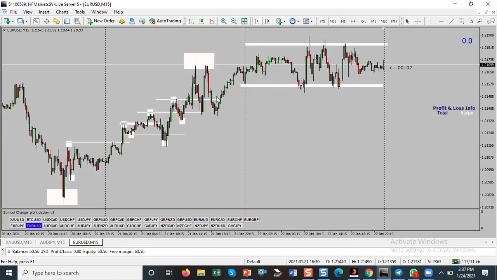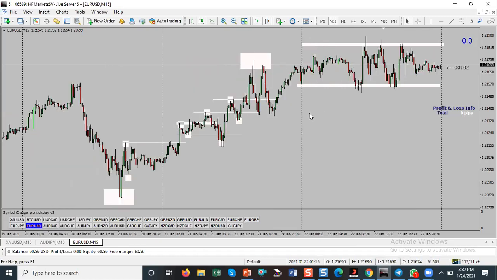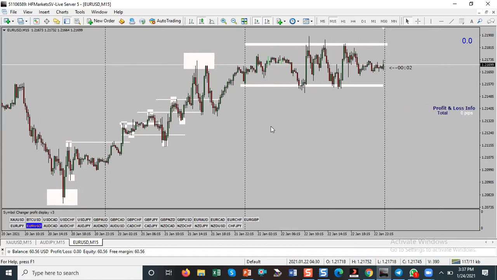So we'll end the training here. Tomorrow we'll continue with candlestick patterns. That is another interesting aspect of this strategy. Please take note of everything I'm teaching you right now, because you are going to apply it in this strategy.